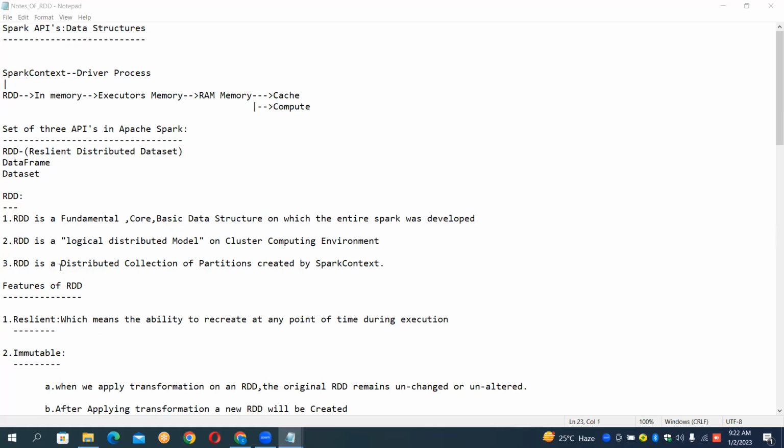RDD is a logically distributed model on a cluster computing environment. RDD is a distributed collection of partitions created by Spark context.